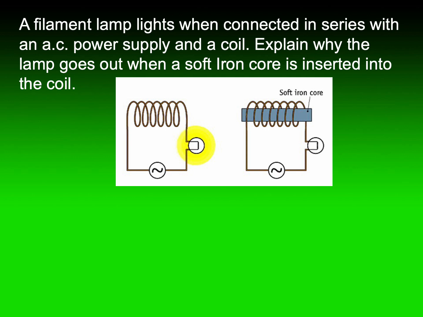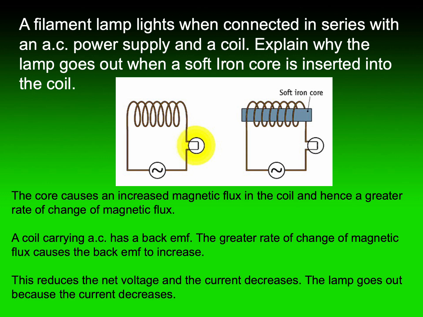So if we look at a lamp connected in series with an AC power supply and a coil, we try to explain why the lamp goes out when a soft iron core is inserted into the coil. So circuit 1 there versus circuit 2. So what's happening? The core there is moving into the coil, and it'll cause an increased magnetic flux in the coil, and hence a greater rate of change of magnetic flux.